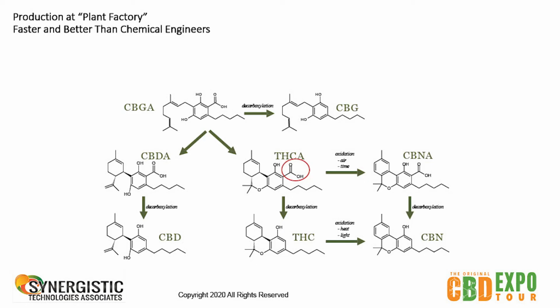So when we look at that and we think about that, the plant's not making THC or it's not making CBD or CBG. It actually makes them in an acid form. There's a full complex biosynthesis that the plant goes through, and as you can see from the CBGA, it can degrade and lose an acid. We'll talk about that a little bit later. And we also have CBDA going to CBD, THCA going to THC.